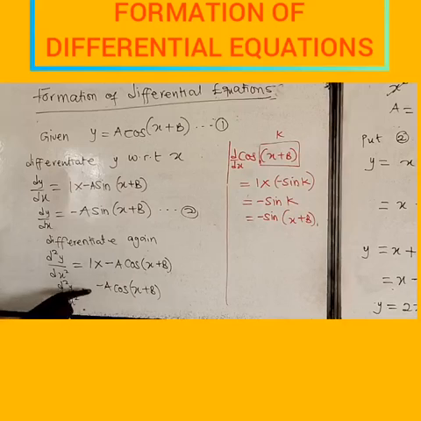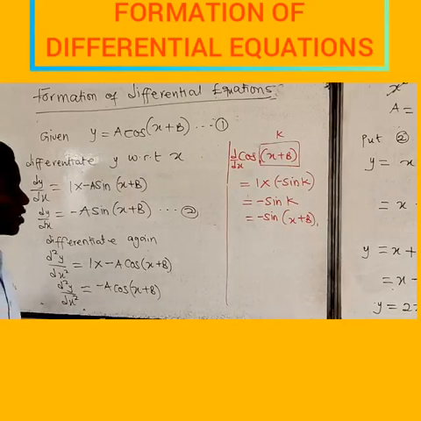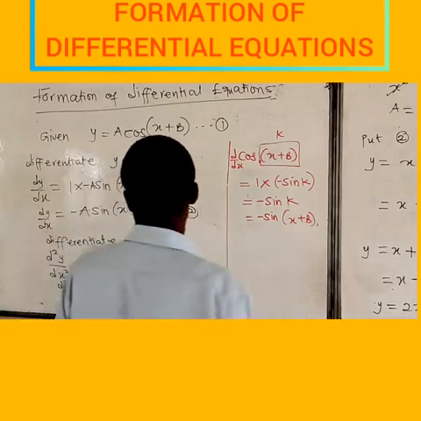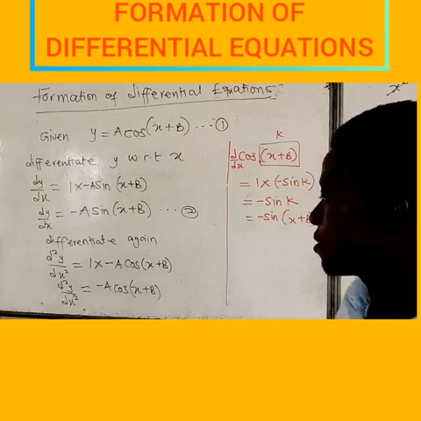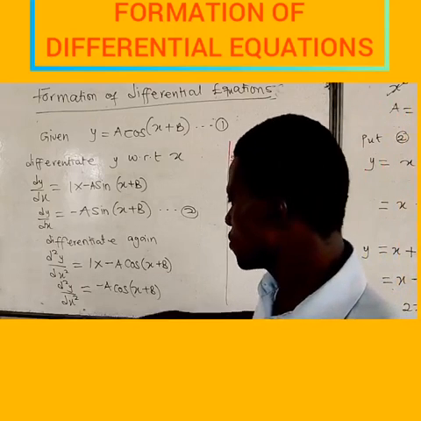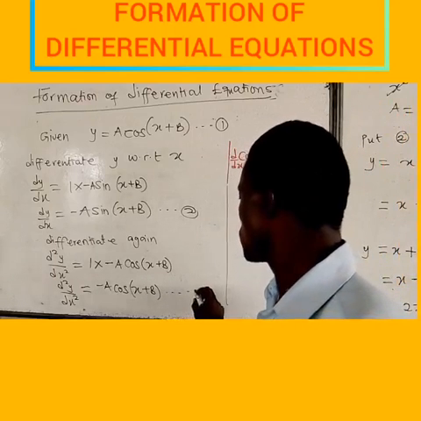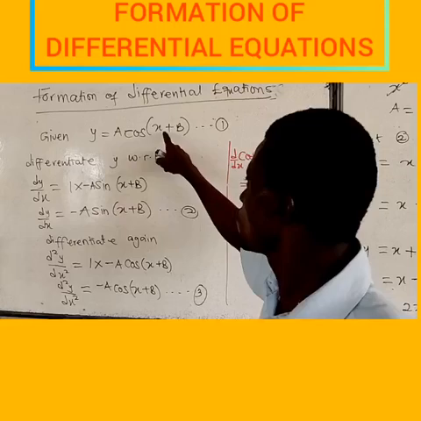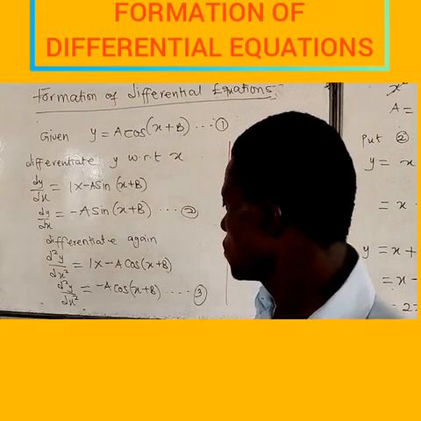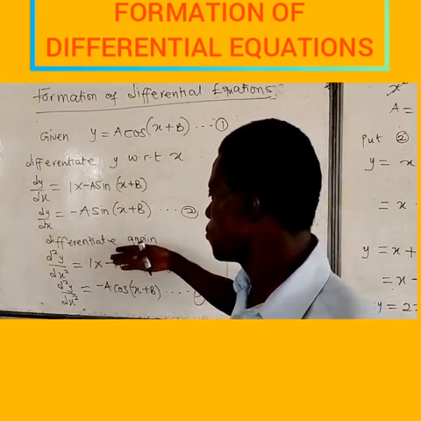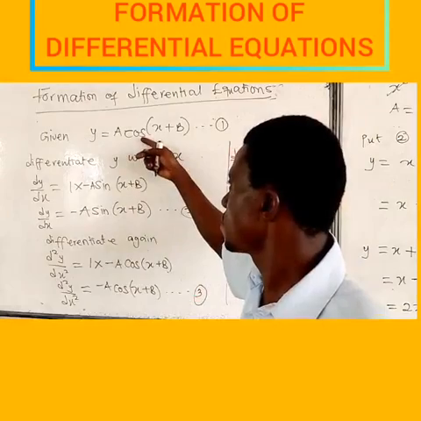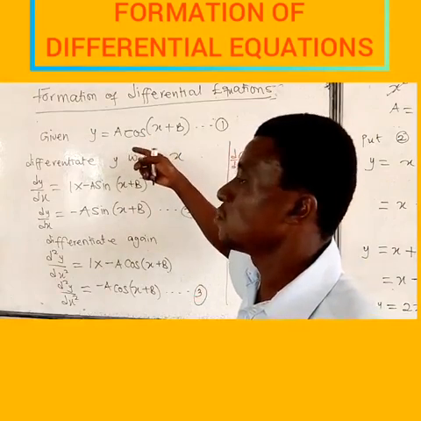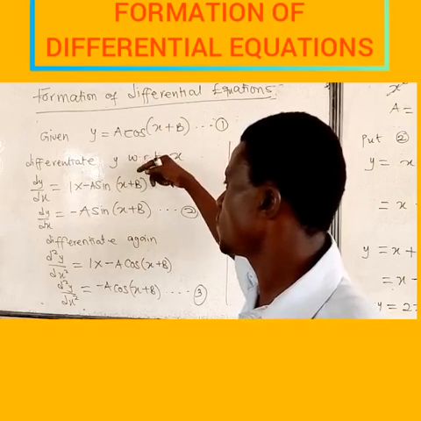Since this is the second derivative, the next thing we have to do is proceed by eliminating the constants. To eliminate the constants, the easiest way is to look at this equation 3 and compare it to the very first equation given to us. We will notice that if you differentiate cos, you get sine. If you differentiate sine, you get cos.